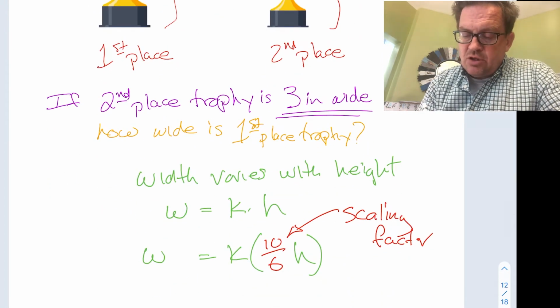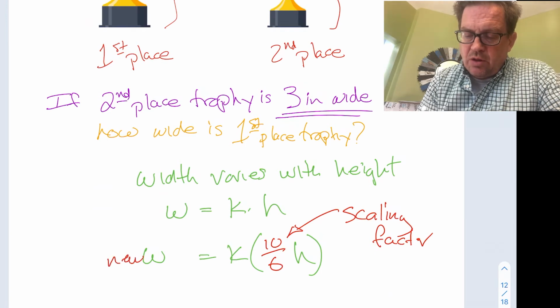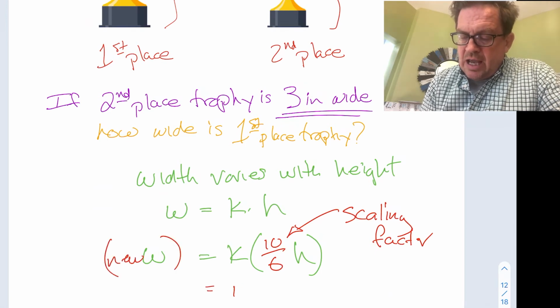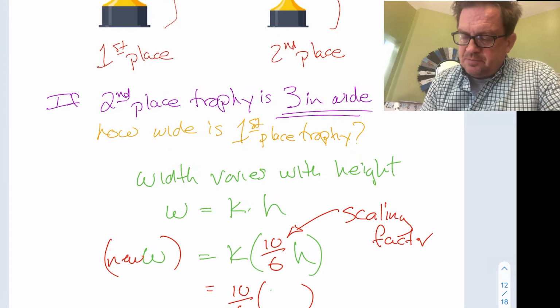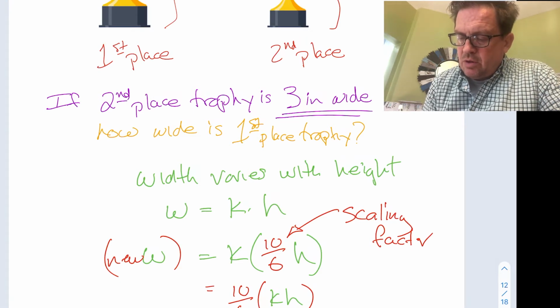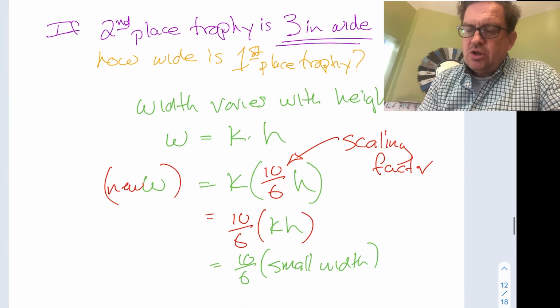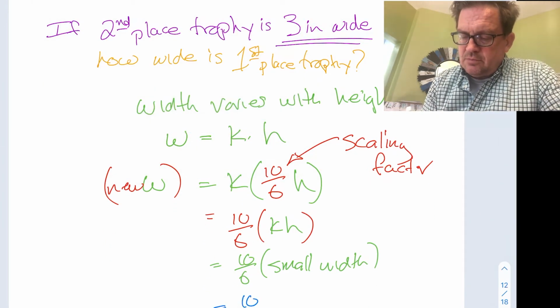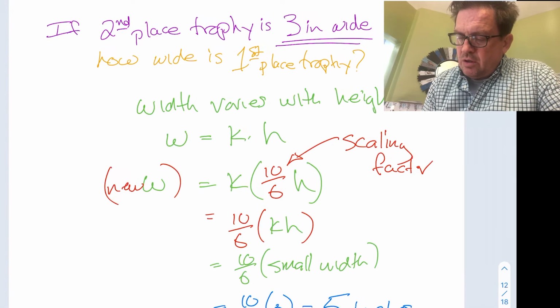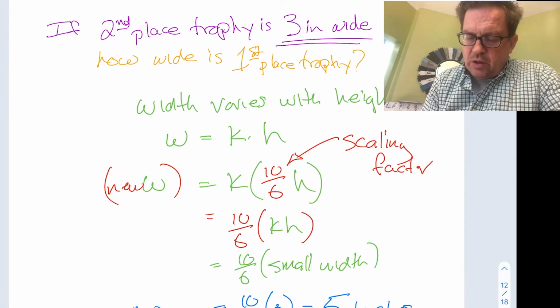So then my new width is equal to, I can factor that 10/6 out and get kh here, which is 10/6 the previous width, the small width. So in this case, I know my small width was 3, and so I get 5 inches wide, the new width.